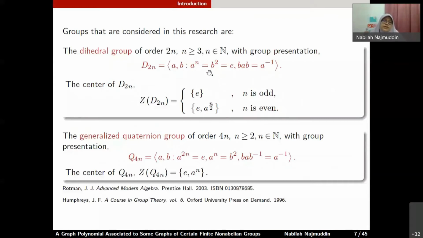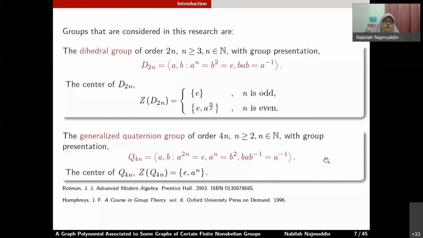The center of D2n, denoted by Z(D2n), depends on the parity of n. When n is odd, the center includes only the identity element, and when n is even, the center contains the identity element and also a^(n/2). For the generalized quaternion group denoted by Q4n, it has this group presentation and the center is this.